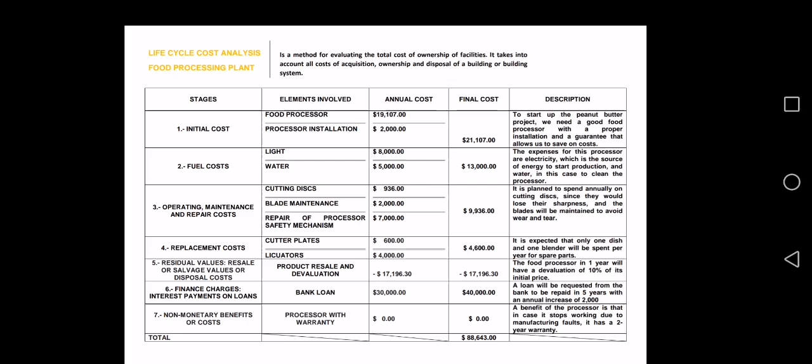And the maintenance is for the blades, that is the critical point. The final cost, in 1 year, is planned to be 9,936 pesos, to avoid wear and tear. That's the principle to keep working.